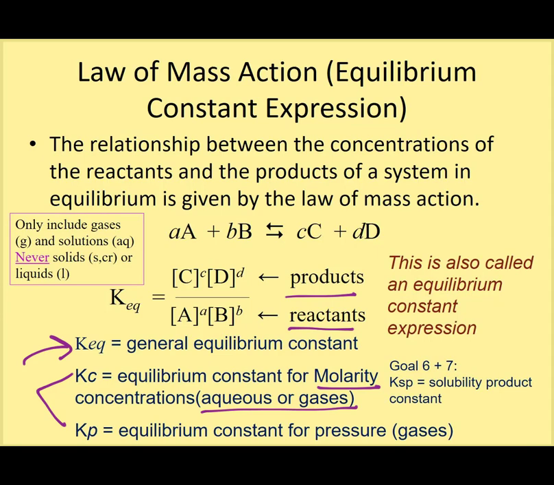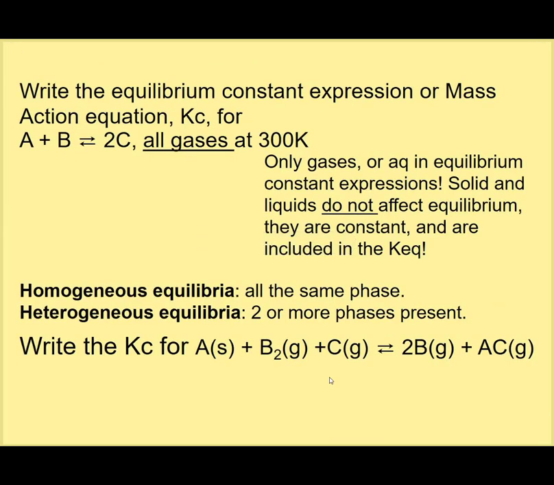If there's only gases, then we use pressure values, and so we'll use what's known as a Kp. Toward the end of the unit, we are going to apply equilibrium constant expressions to solids that are dissolved and have achieved that equilibrium of dissolving versus re-solidifying. And so we will see at the end of this unit a KSP.